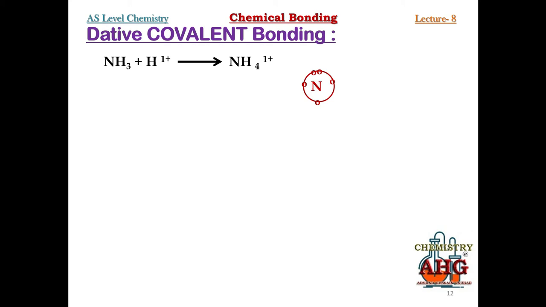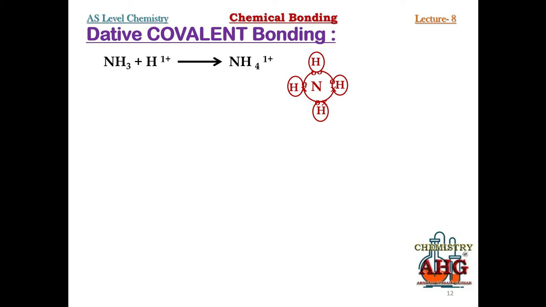So what you can do, on 4 sides you can place hydrogen atoms. These 3 hydrogen, they have single covalent bond, simple covalent bond, while this hydrogen, it is having dative covalent bond. Now how you can differentiate? It is very simple.